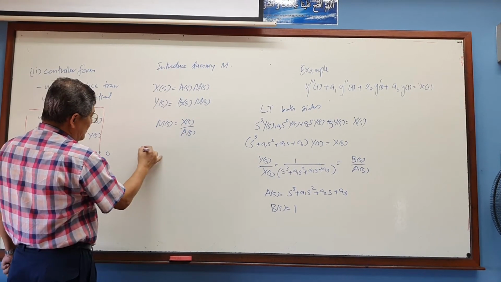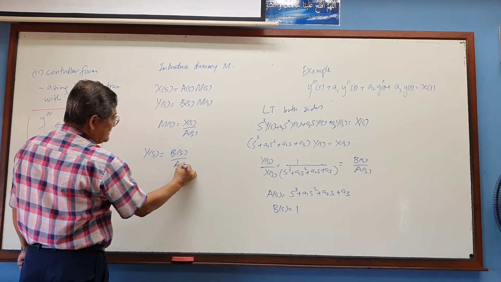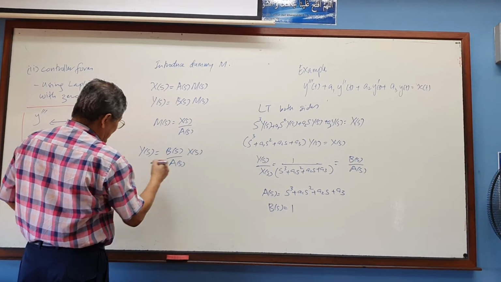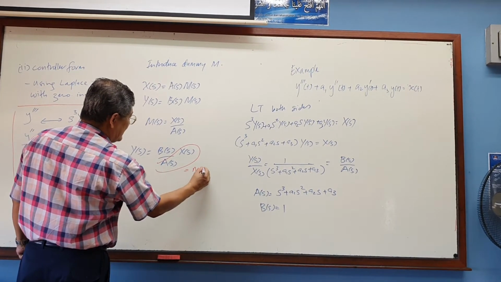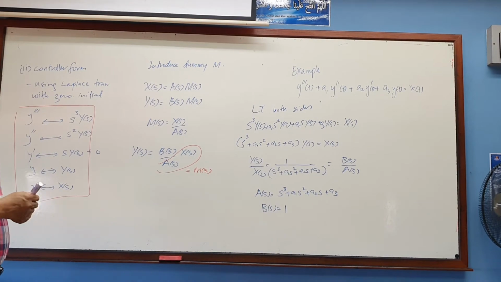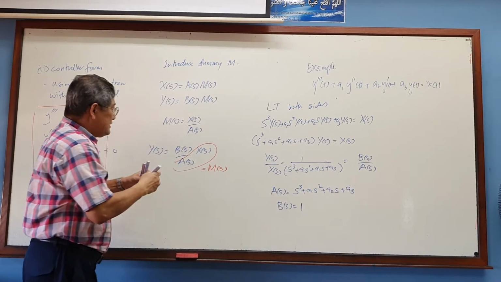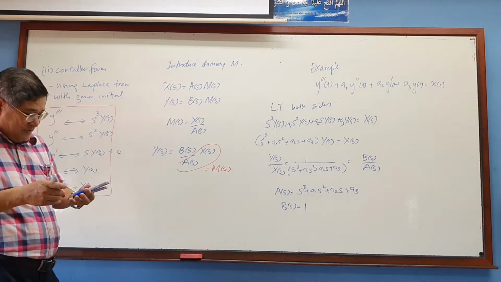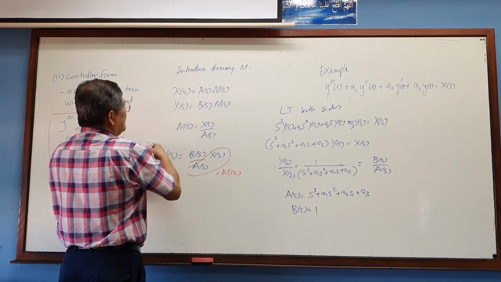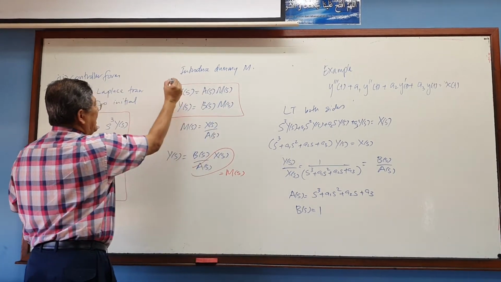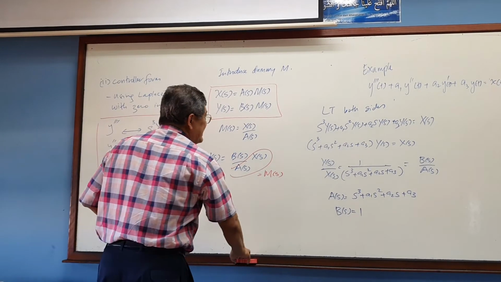So what we have, Y(s) is equal to B(s) over A(s) multiplied by X(s). So M(s) is X(s) over A(s). Okay, so the student has to remember that this is the only thing that is important. These equations: X(s) is equal to A(s) M(s), Y(s) equal to B(s) M(s). That is the most important thing.